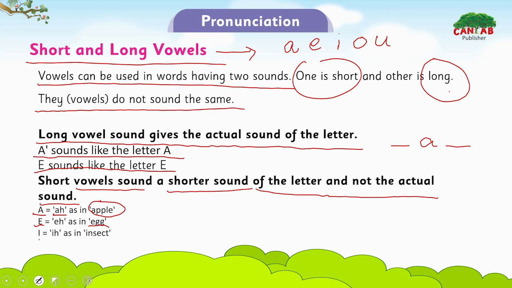If I, in insect, I sounds like insect, insect. So here it sounds like a shorter sound, that is why it is termed as short vowels, while in words where we have the actual sound of a vowel, that is called a long vowel.